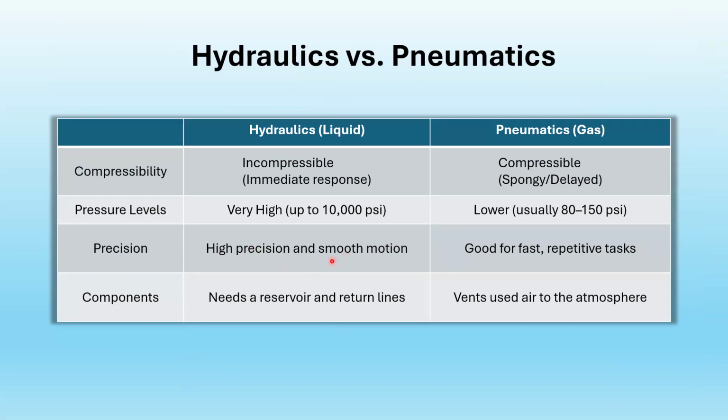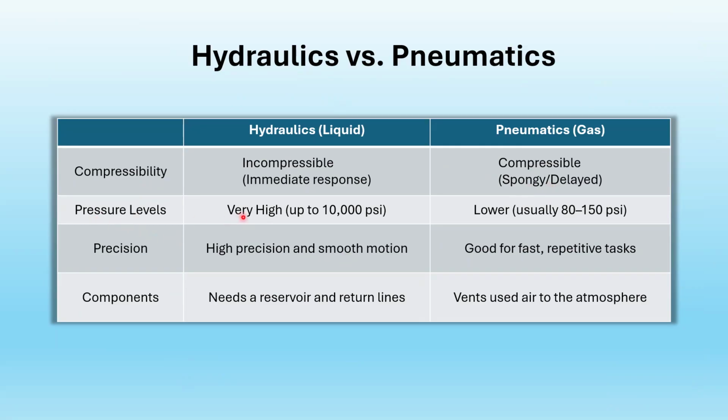We already went through this one here, but let's quickly go over it. Hydraulics and pneumatics differences. Hydraulics versus pneumatics. Compressibility: hydraulics is incompressible, so you get immediate response. Pneumatics, you get compressible gas, so you get spongy or delayed reactions.